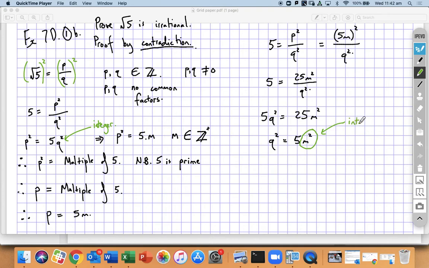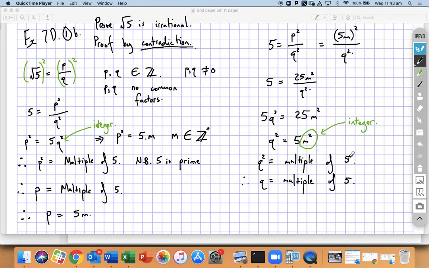And we've already established that if Q squared is a multiple of some prime number, Q squared is a multiple of 5, therefore Q has to be as well. And this is the point where we have our contradiction, right? Because this is impossible. Right?